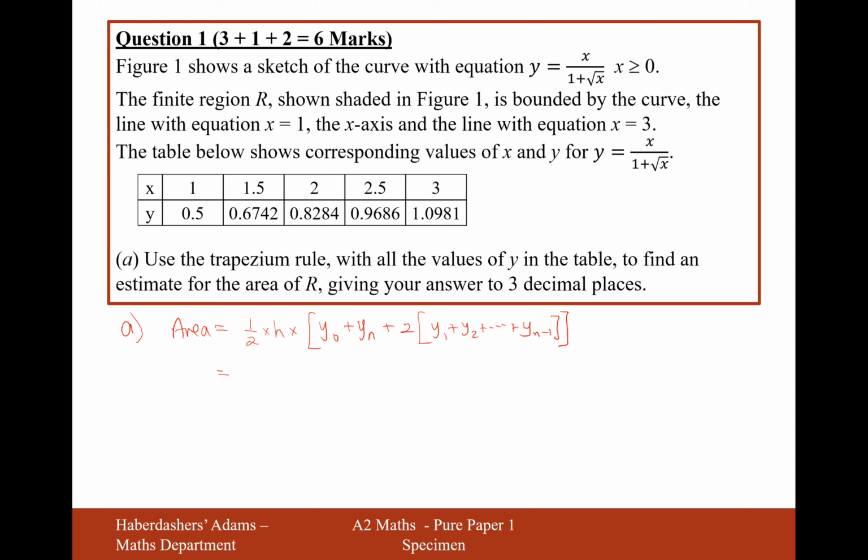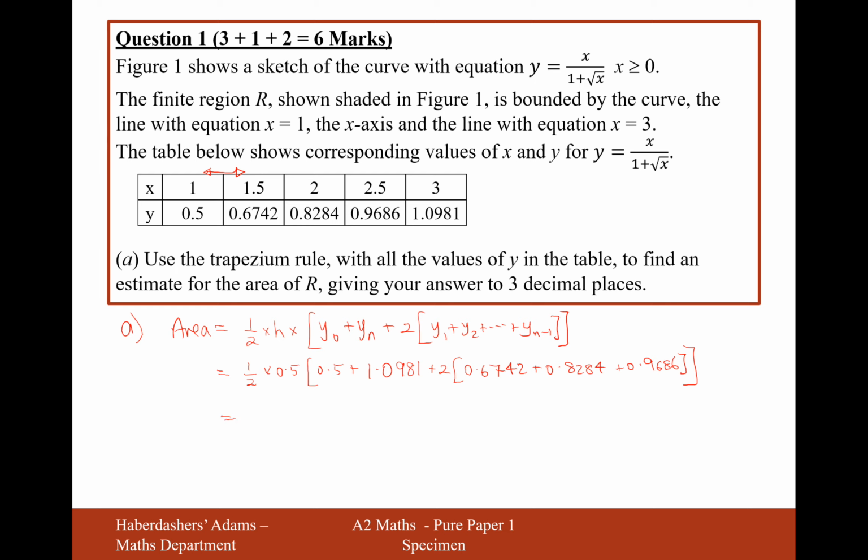Now h is referring to the value of the difference in the x coordinate, so it's going to be 1/2 times 0.5 times, now the first y value is 0.5, and the last y value is 1.0981, and then we add 2 lots of all of the intermediate y values, so that's 0.6742 plus 0.8284 plus 0.9686, close bracket.